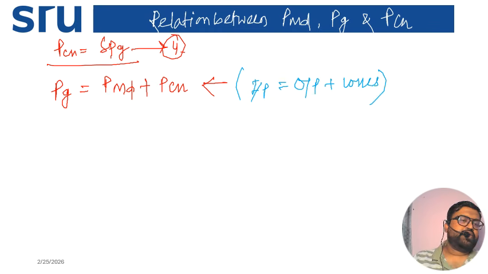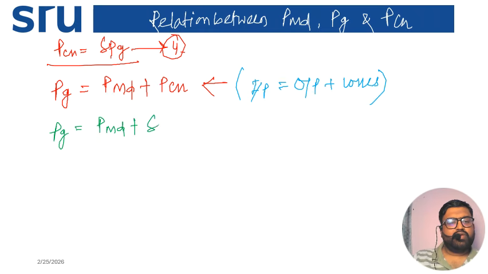Now in place of P copper loss we put S into Pg.